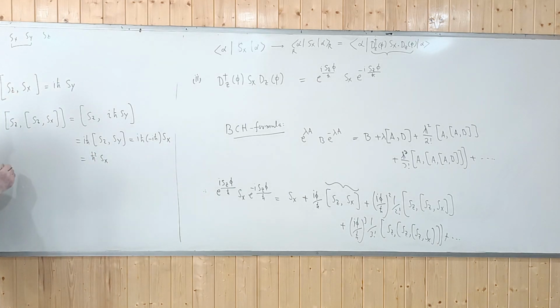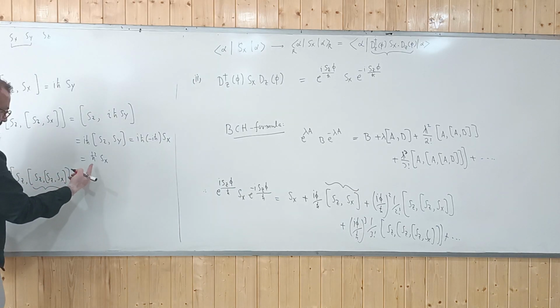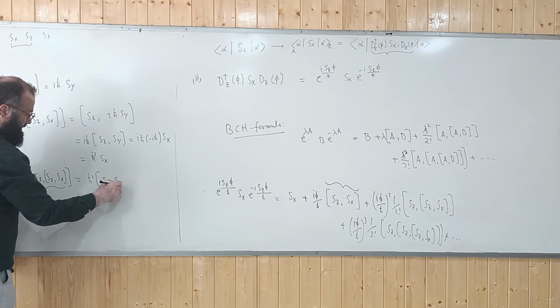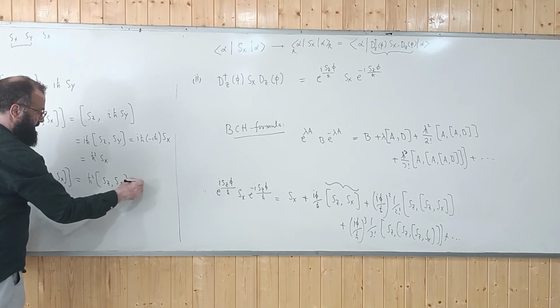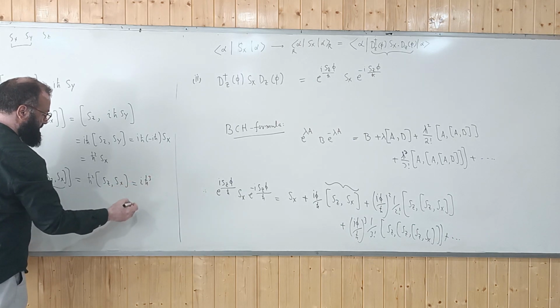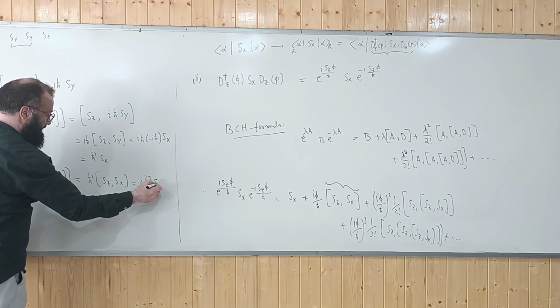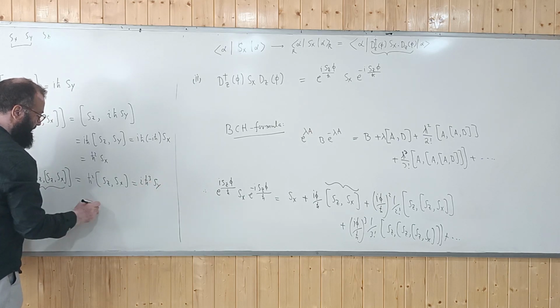Now if you look at the other one, you have Sz, Sz, Sz, Sx. This object you know now. So h cross square you can take out. What is that? Sz, Sx, which is i h cross, so it is i h cube Sy. Clear?